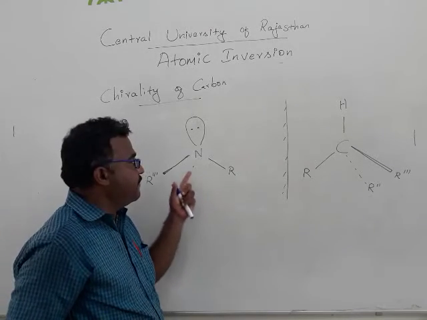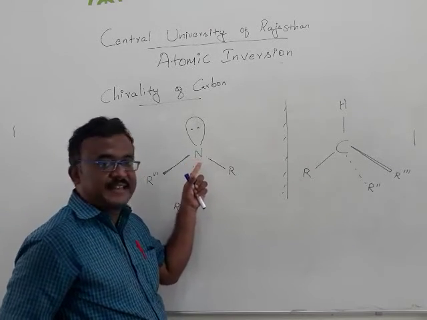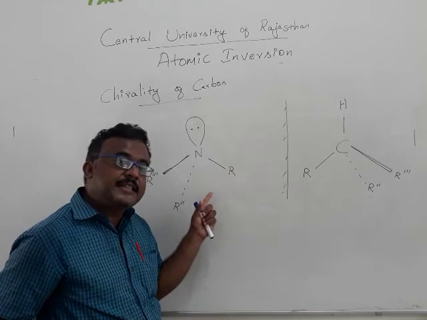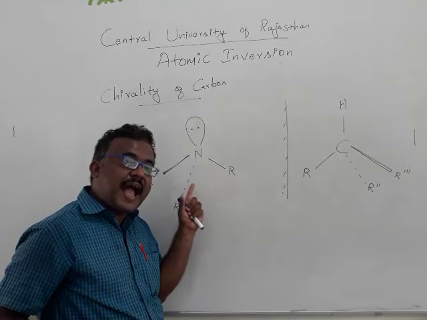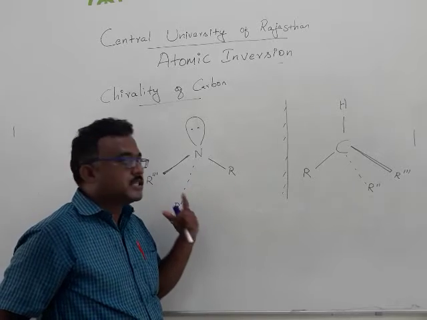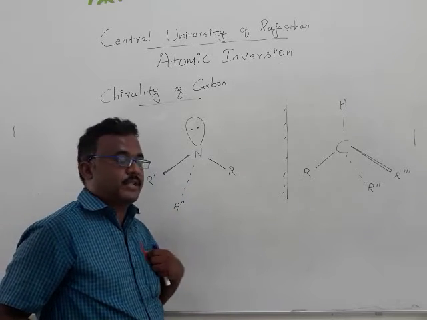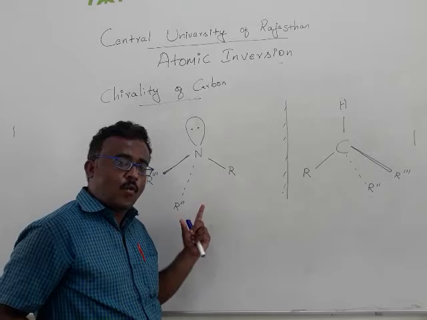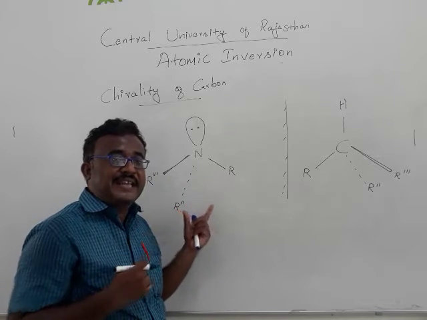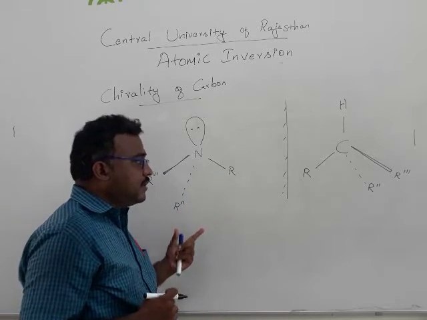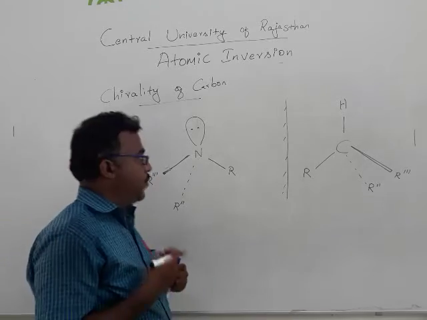First question, when you substitute carbon hydrogen with nitrogen, is this compound optically active or not? Second one, if it is not, why are these compounds optically inactive? That we are going to see now.